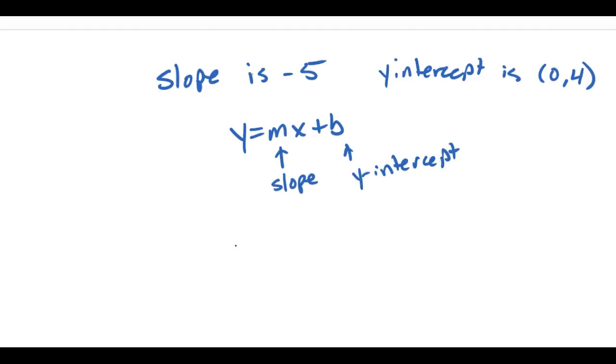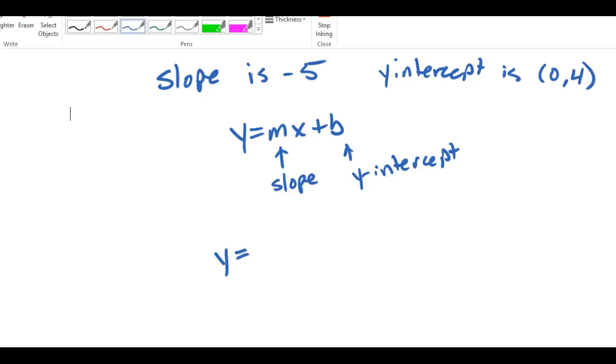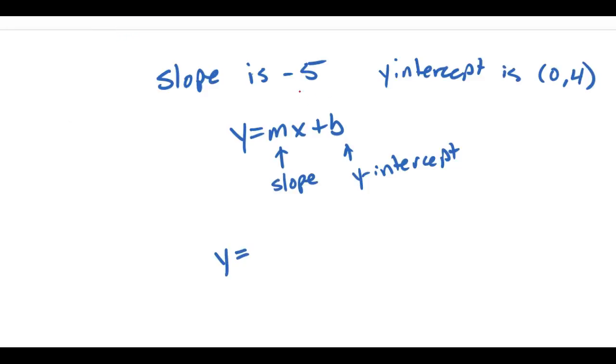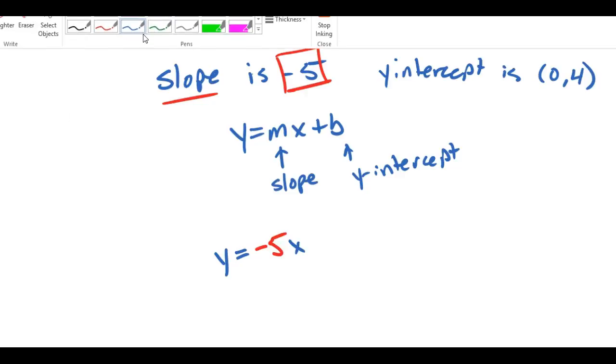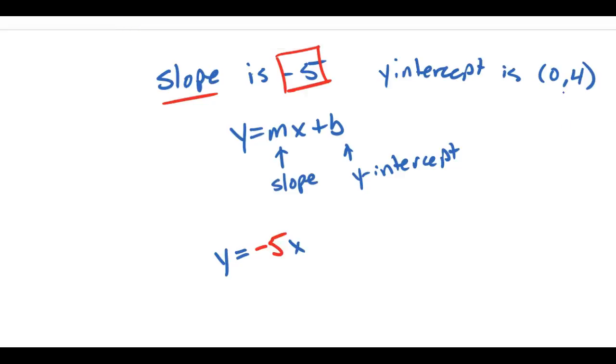So now I just plug the numbers in. Y equals, I've been told that the slope is -5, right? That's what my slope is. So I'm going to put -5 for m, and then I'll put x, and then my y-intercept has been told to us. The y-intercept is here. It's (0, 4). That's our y-intercept.